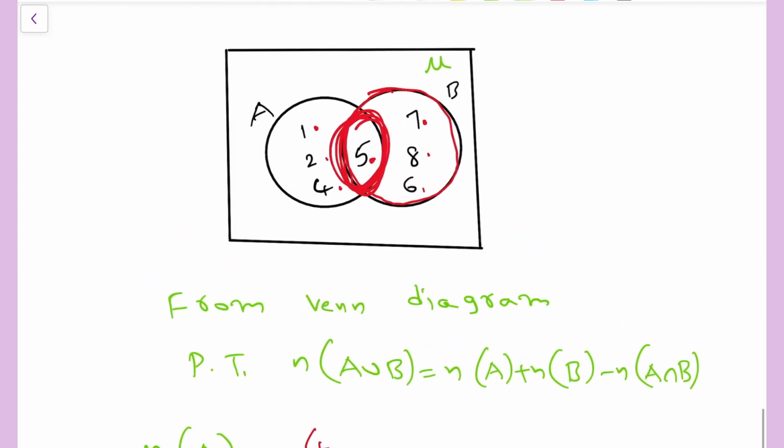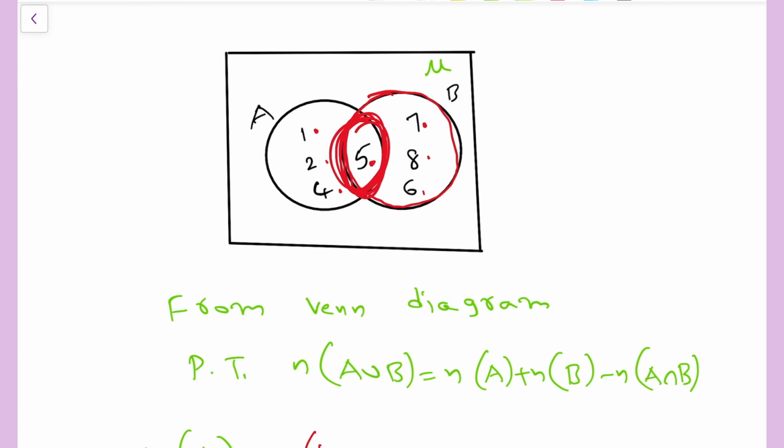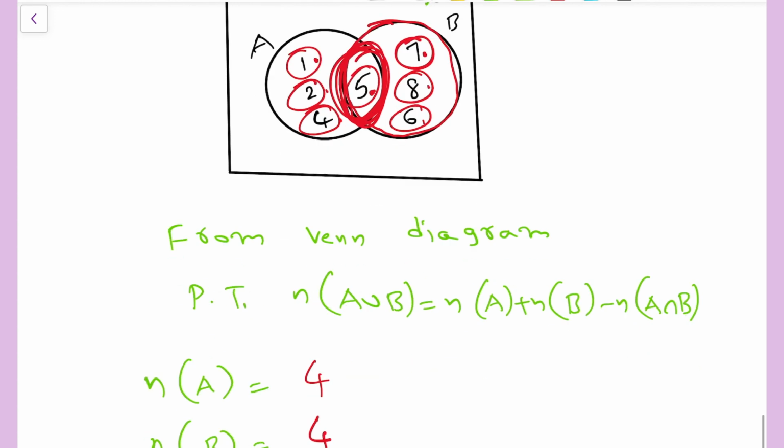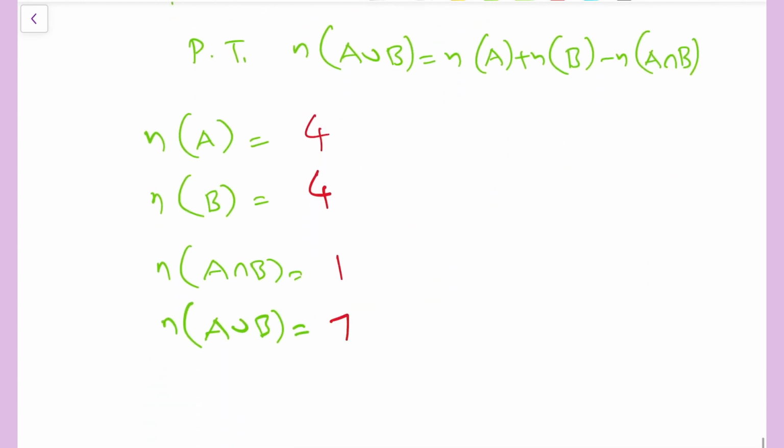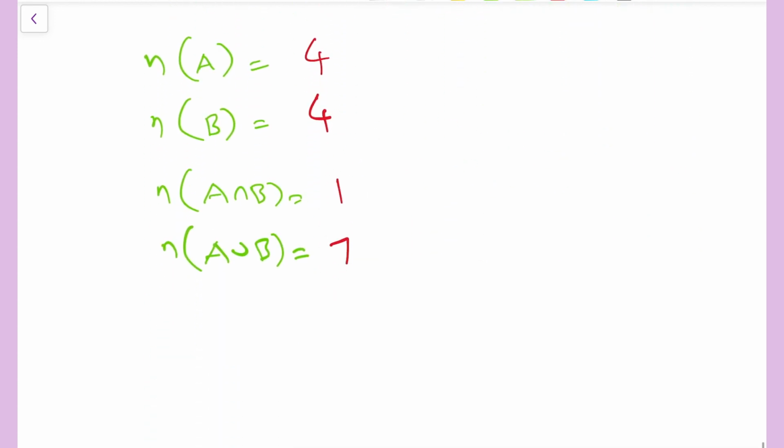Next, n of A union B. A union B is nothing but all the elements of both the sets together. Now how many elements are there? 1, 2, 3, 4, 5, 6, 7. So total 7 elements are there. Now let us write these all in the formula.